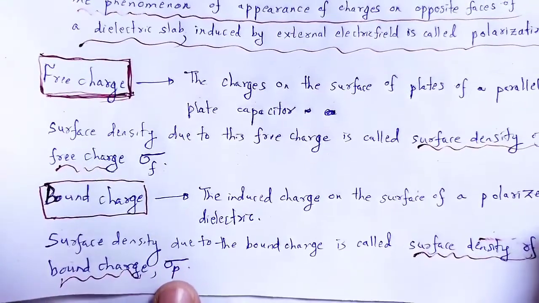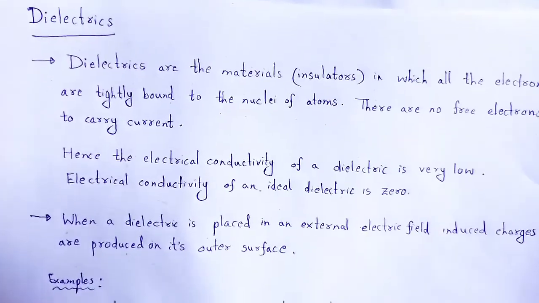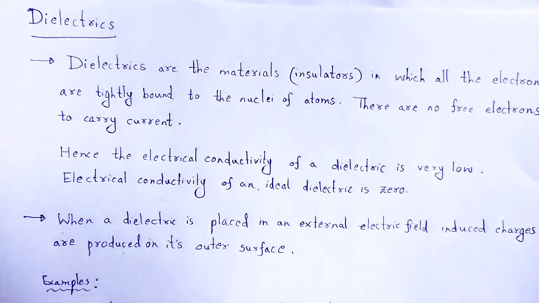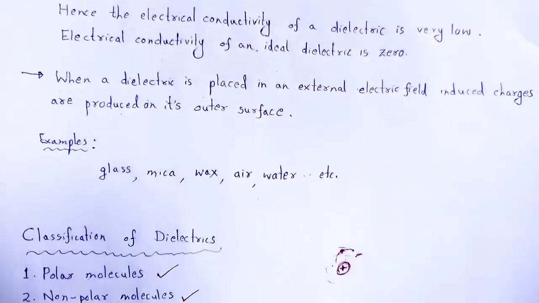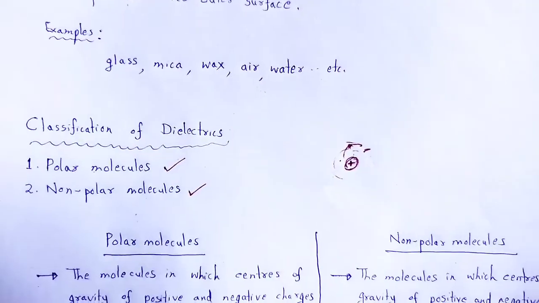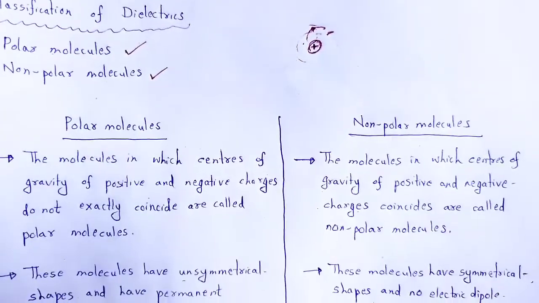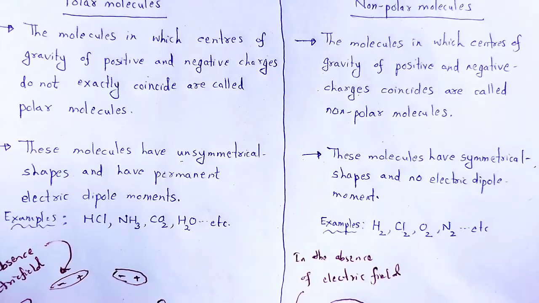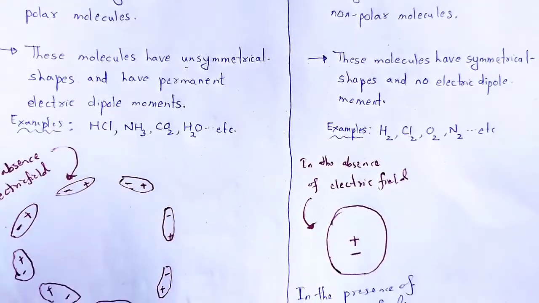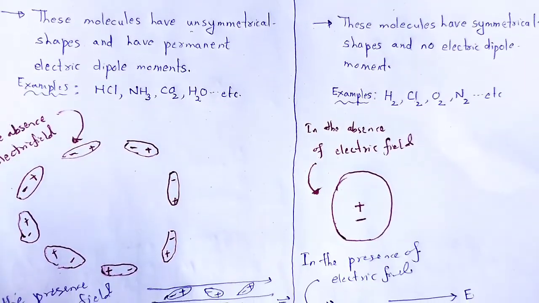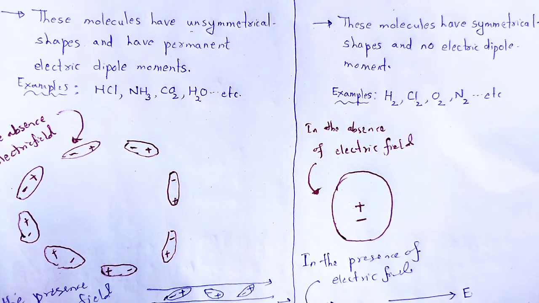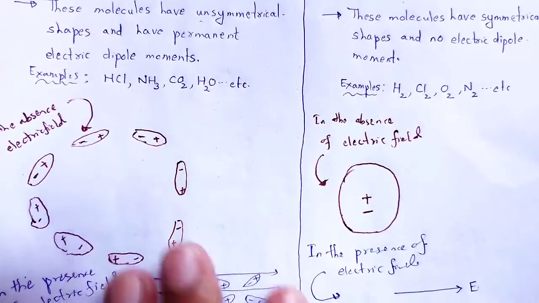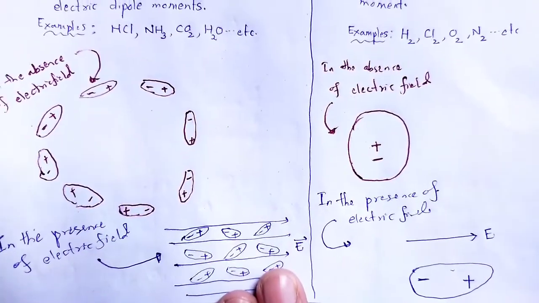So, with the help of this video lecture, we understand the concept of dielectrics, examples of dielectrics, classification of dielectrics as polar molecules and non-polar molecules, and what happens to polar and non-polar molecules in the absence and in the presence of electric field.